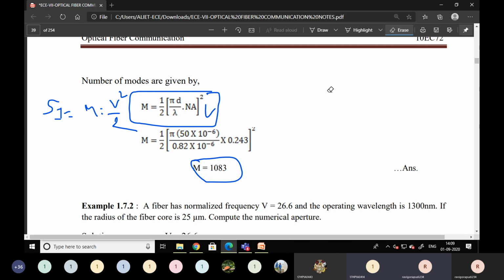Radius of the fiber core is 25 micrometer. Compute the numerical aperture. Solve this one.